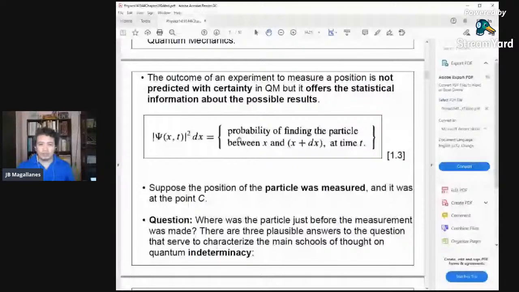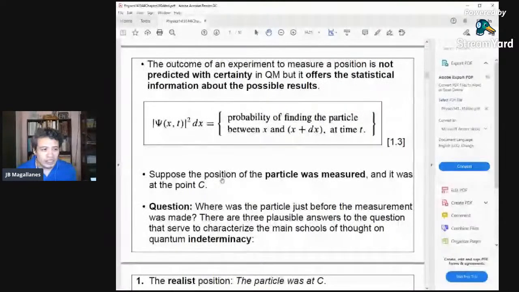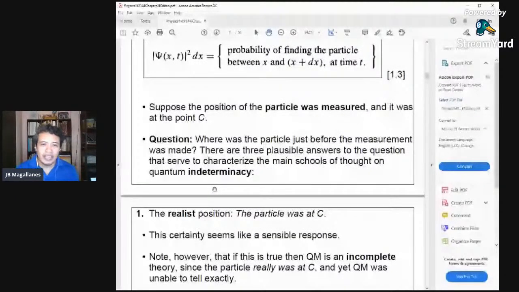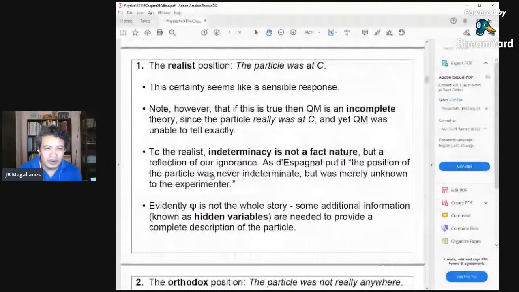Now, suppose the position of a particle was measured and it was at point C. The question is, where was the particle just before the measurement was made? In this case, you have three plausible answers to the question. There is a realist's position that the particle was at C. It was at C before the measurement.